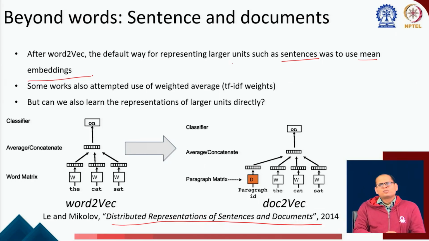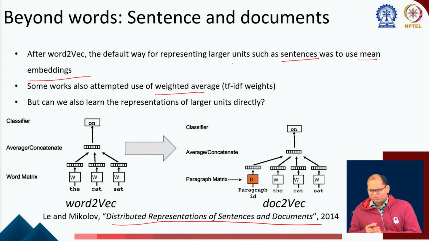Some papers also try to use some interesting way of taking the average, like a weighted average, and the weights can be TF-IDF weights. Words that have a high TF-IDF, you can give them higher weight. The words that have a lower TF-IDF, you can give them lower weight. Like the stop words need not feature so much. But can we also learn a sentence representation by the same method? That's where this doc2vec idea came in.